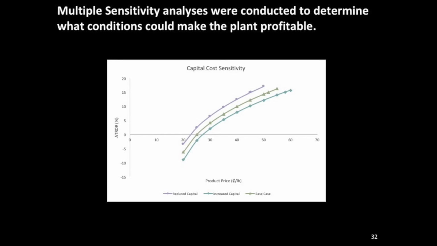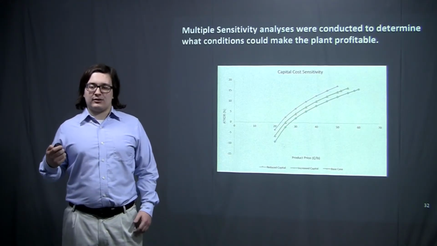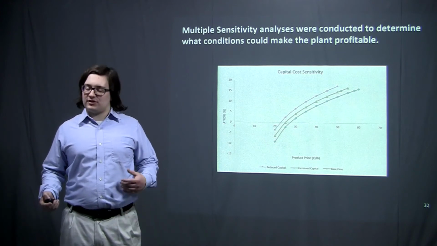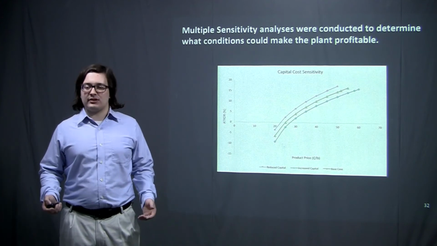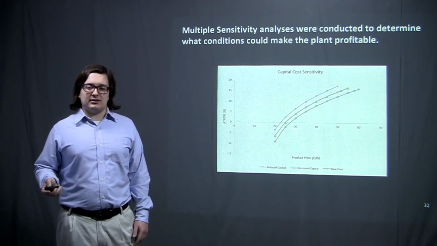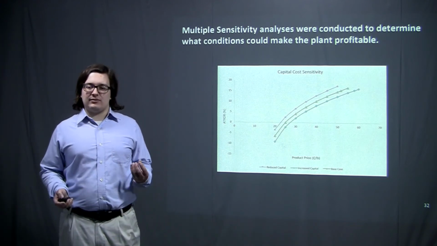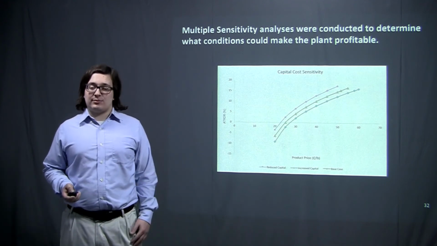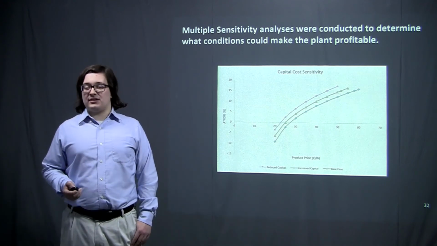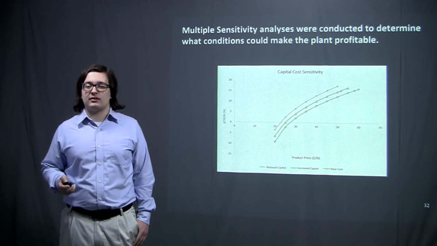The graph you see shows the after-tax rate of return at varying methanol product prices. So at our target sale price of 12.5 cents, it's negative. We don't have a rate of return. Our required netback under the reduced capital costs is around 46 cents per pound of methanol, which is better than the 52 of our base case, but still a considerable markup from our target sale price.